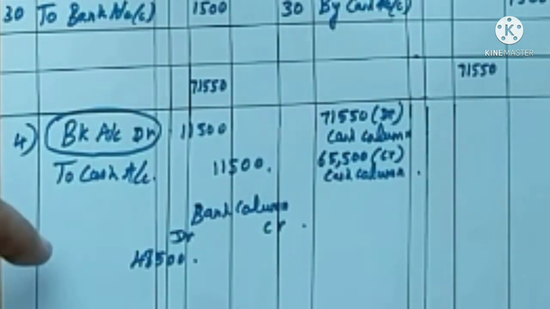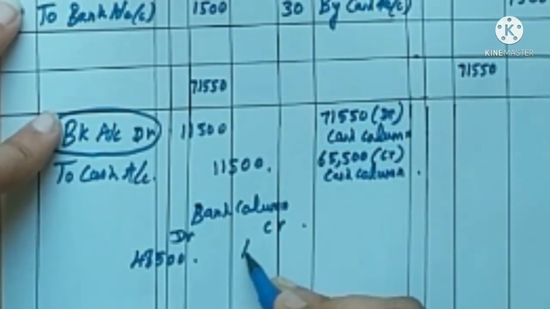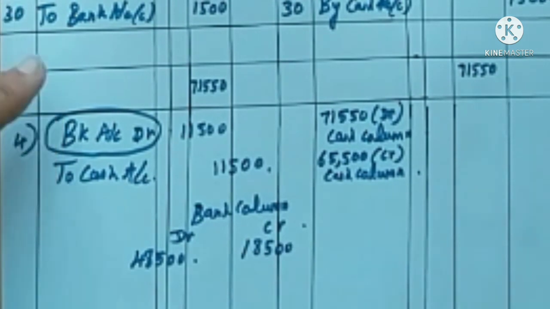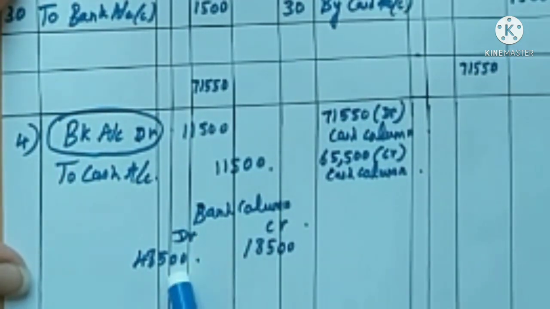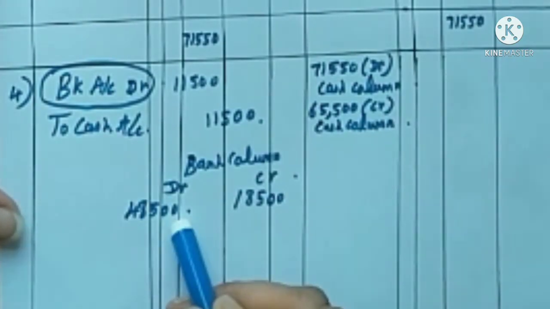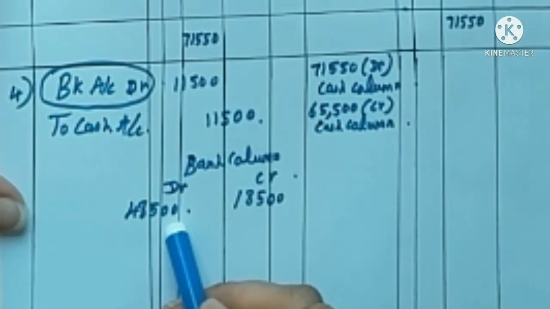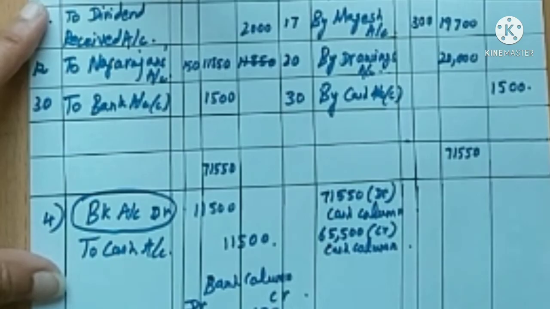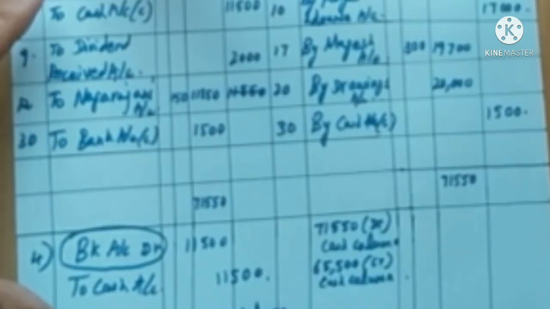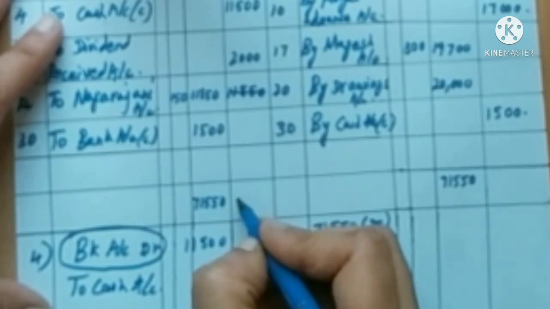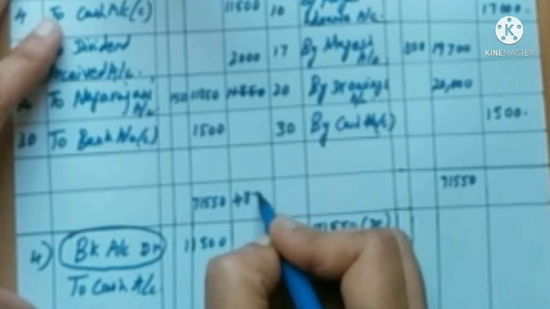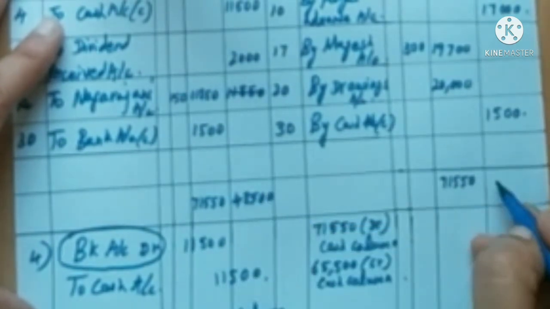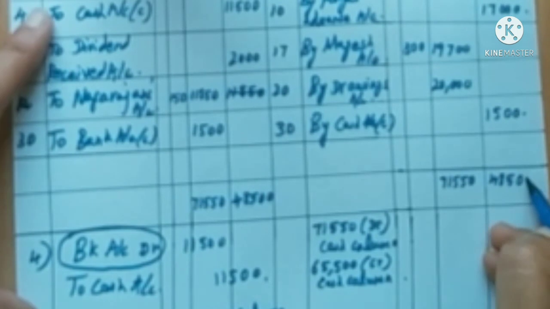When I total the credit side, I get rupees 18,500. Which is the higher total, 48,500 or 18,500? 48,500 is the higher total. So I write the higher total on the debit side and credit side of the cash book in the bank column, 48,500. Here also I write the higher total, 48,500.